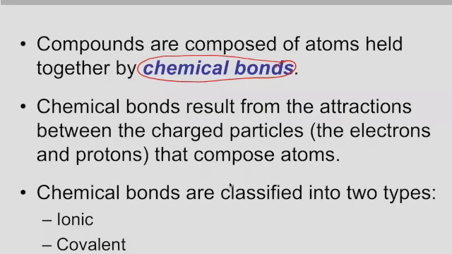We are going to have two types of bonds: ionic bonds and covalent bonds. It is very important to be able to understand these two bonds. An ionic bond is going to be formed between metals and non-metals.